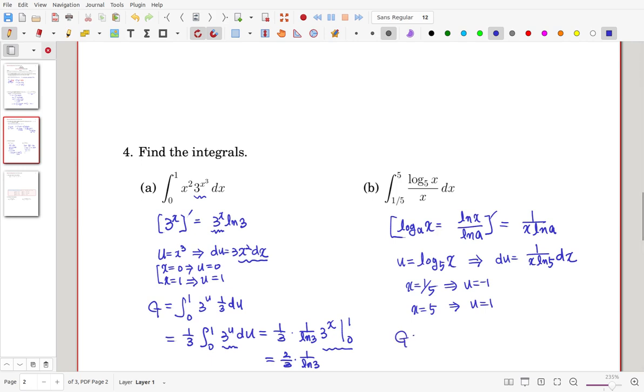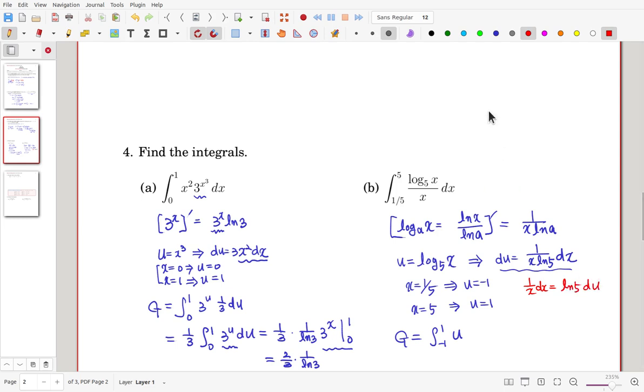So the given integral is the same as the integral from -1 to 1, where log base 5 of x is changed into u, and 1 over x dx is the same as natural logarithm 5 du.